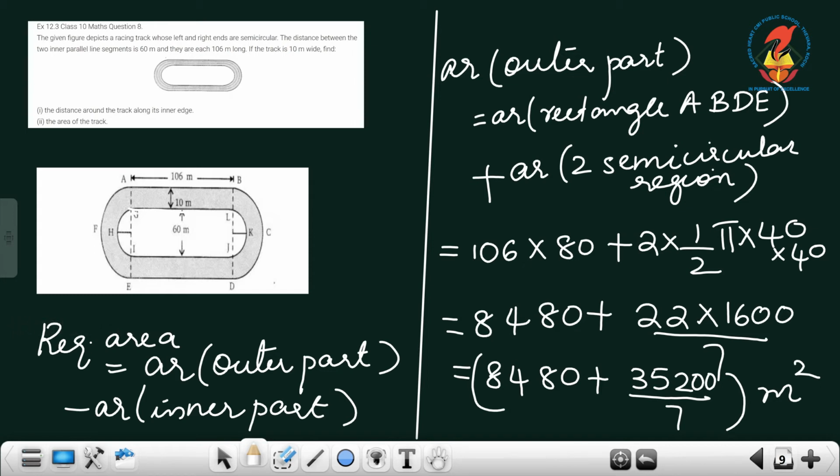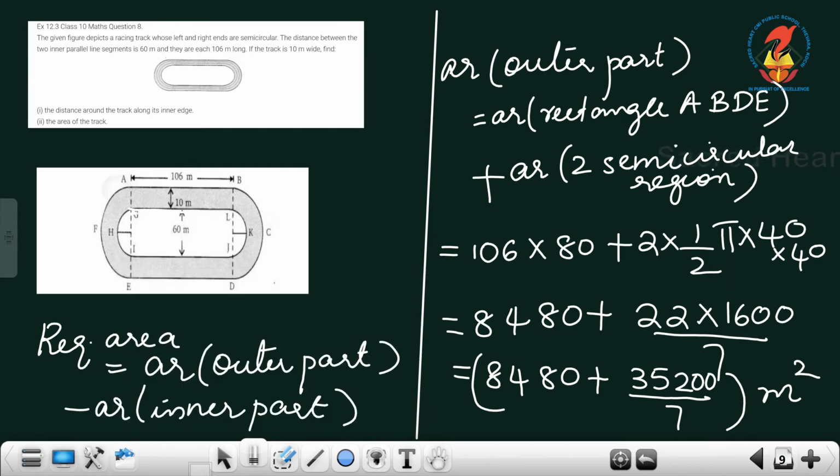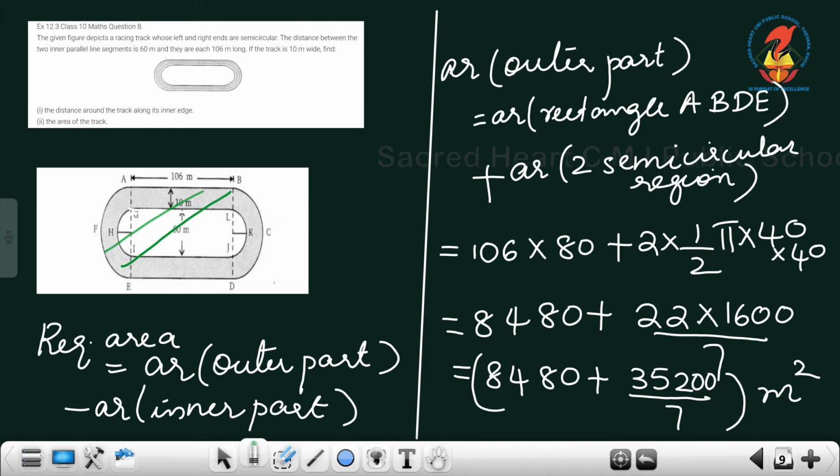So I'll explain this once again. Area of the outer part means this fully. This fully you have to find. That means this is actually the area of this rectangle plus area of two semicircular regions.